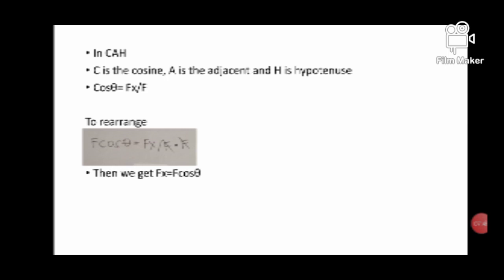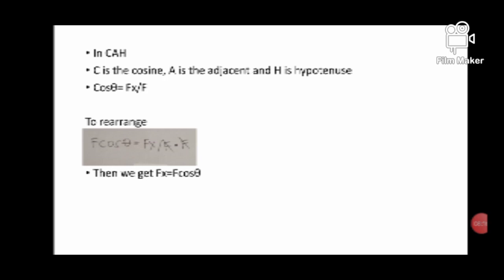In CAH, C is the cosine, A is the adjacent, and H is the hypotenuse. So we can say cosine theta is equal to fx divided by f magnitude. And to rearrange it, we multiply both sides by f.